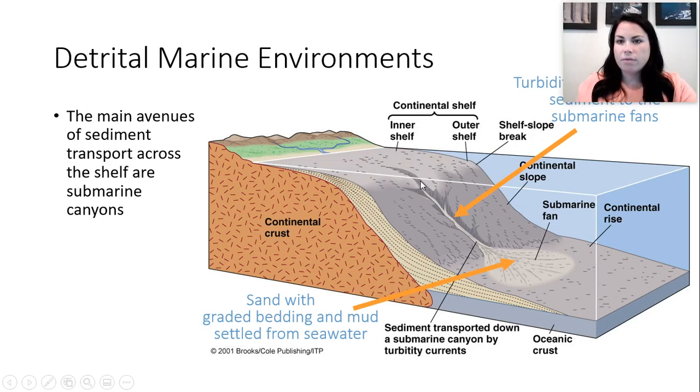This is where we have the channel, where we have sand coming down, and then it's deposited on the continental rise or seafloor. We would see a similar type of grading with sediment, where we would have some of the larger, coarser sediment near the mouth of the deposit, and then on the edges of the fan would be the finer sediment.